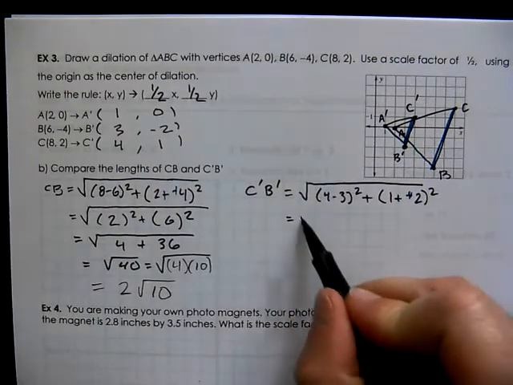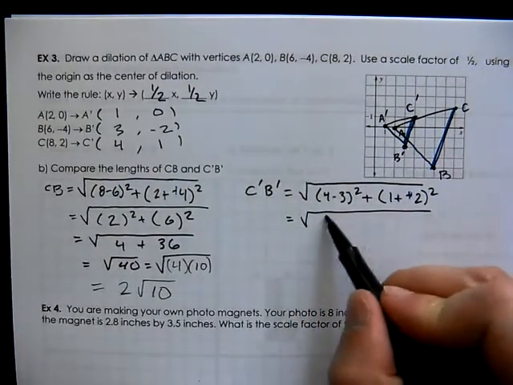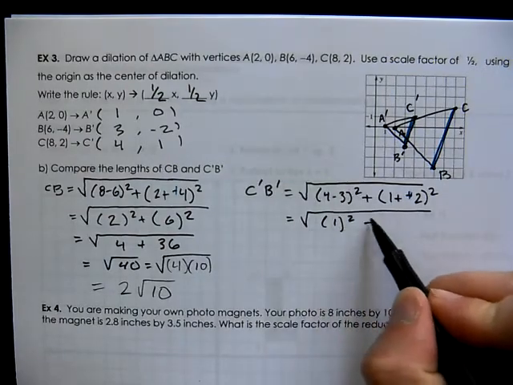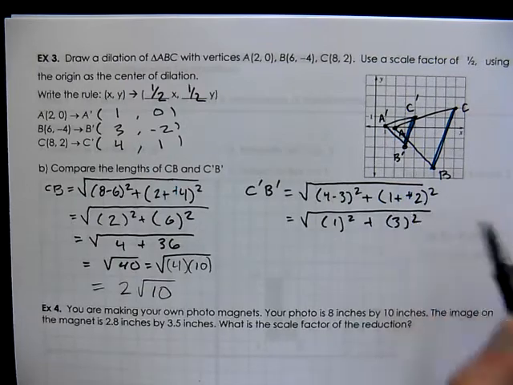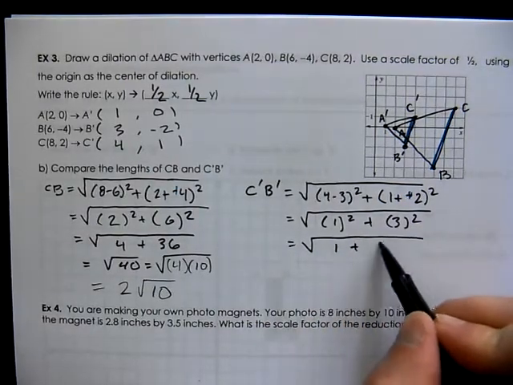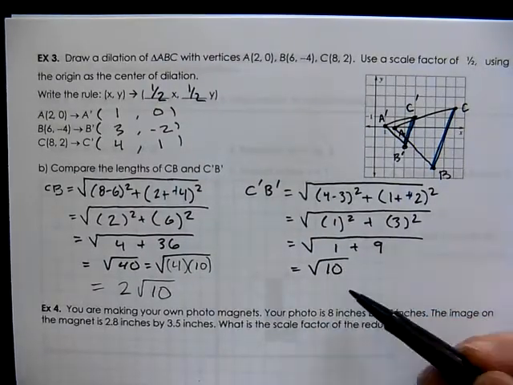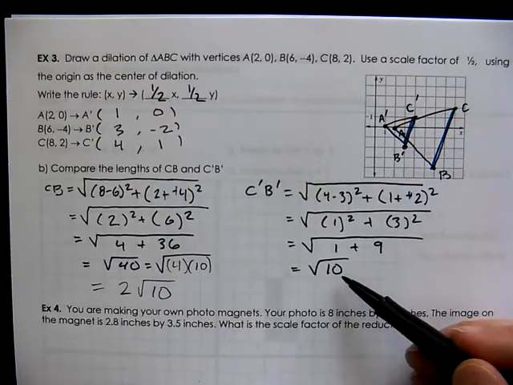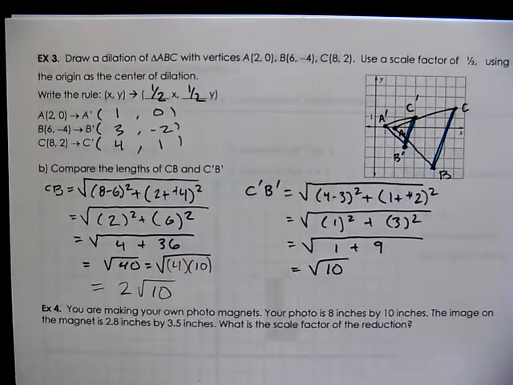So we end up with, under the radical, 4 minus 3, which is 1, and we'll square that in a moment. Here we have 1 plus a positive 2, which gives us 3, and we'll square that on the next line as well. So that means we have 1 plus 9 under the radical, which gives us root 10. Its factors are 2 times 5. Neither are perfect squares. That does not simplify any further.